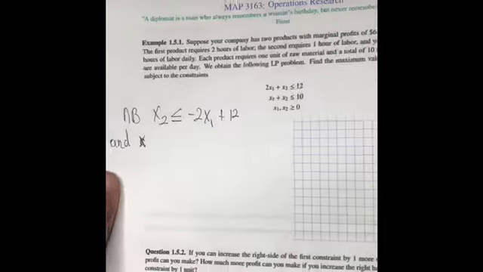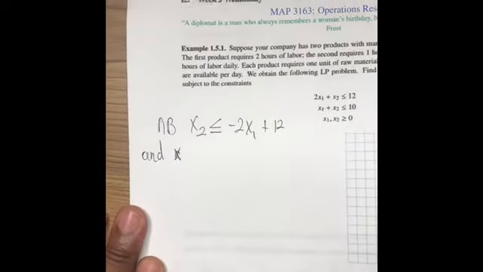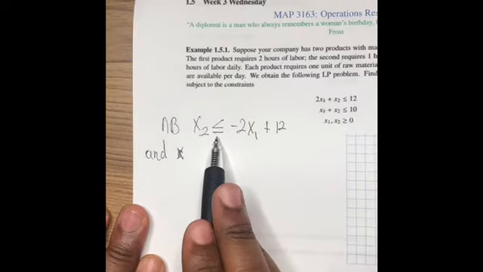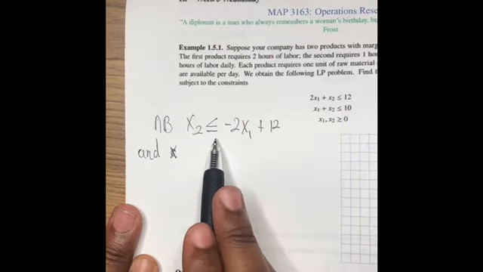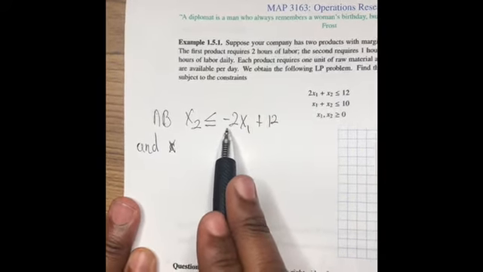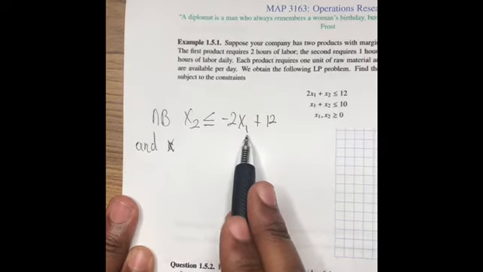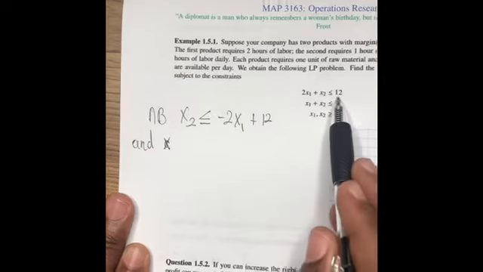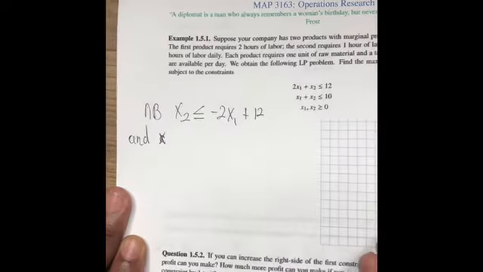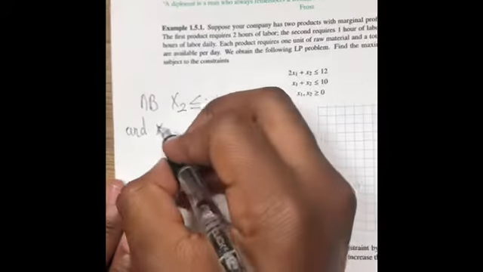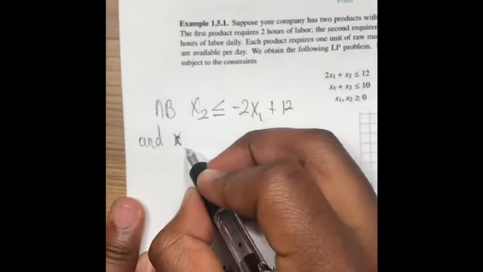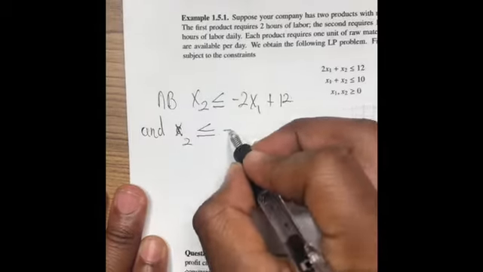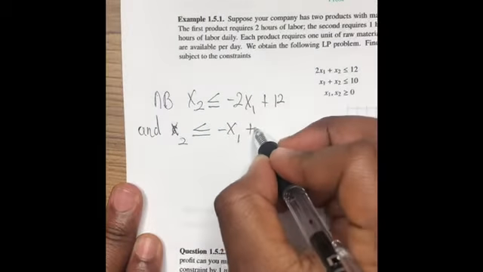First, I have written down what we should note, that x2 is less than or equal to negative 2x1 plus 12. We transcribe this from the above constraint. Now, we will transcribe again, x2 is less than or equal to negative x1 plus 10.